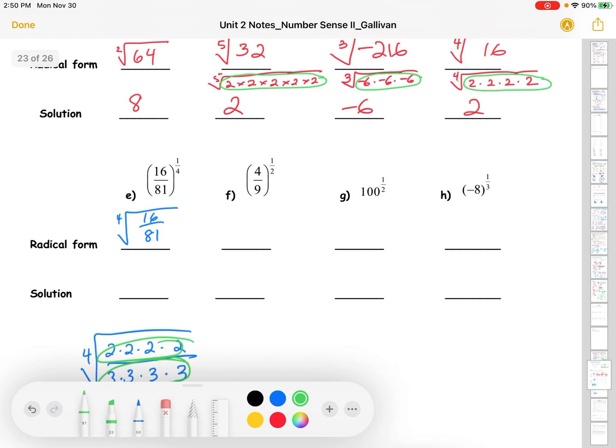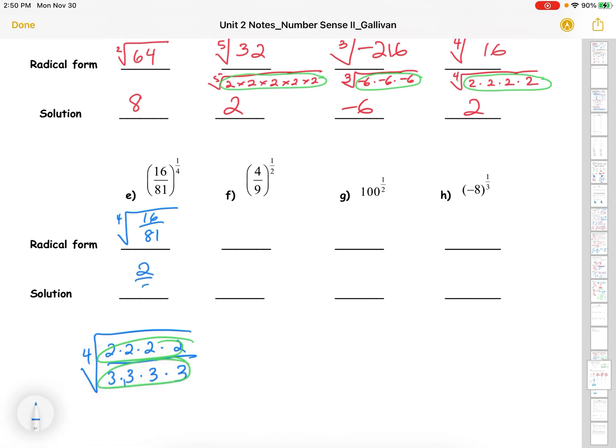So we're circling groups of 4, so we would get 2 over 3. Okay, here this one's a little easier because it's just a square root of 4 over 9. Square root of 4 is 2. Square root of 9 is 3.